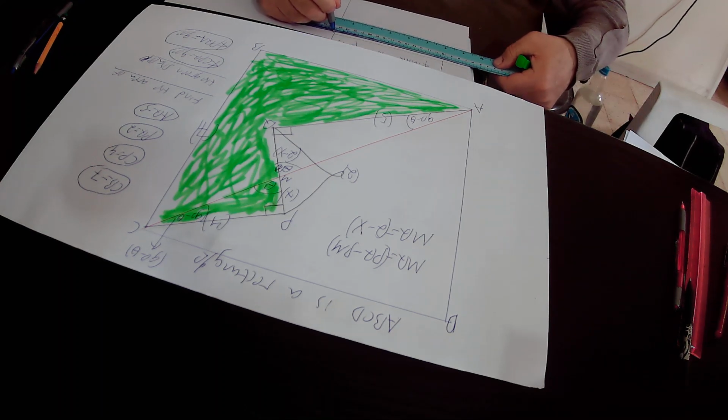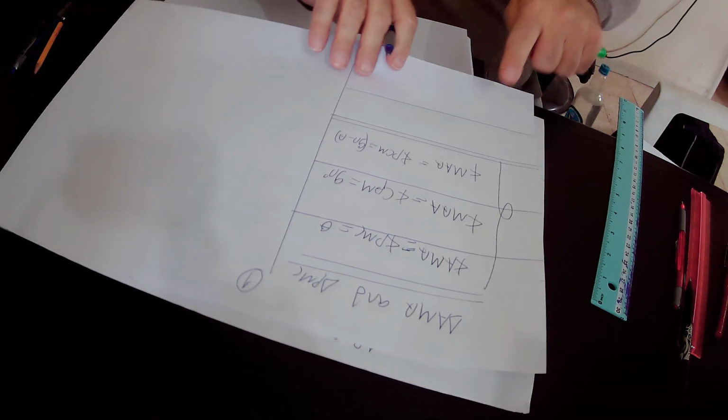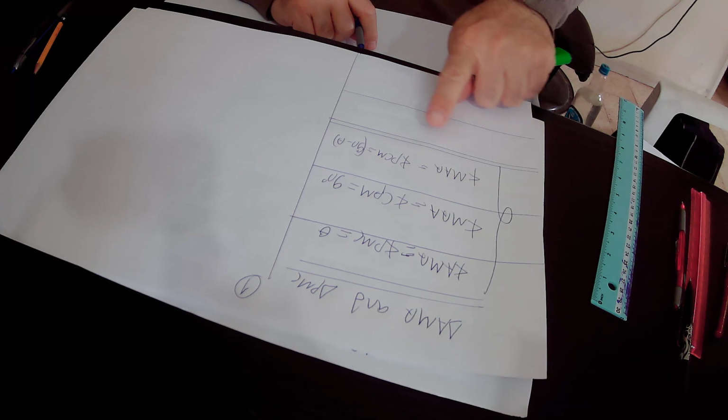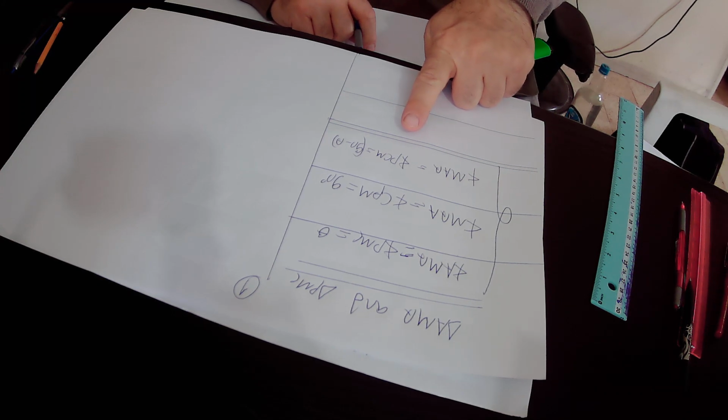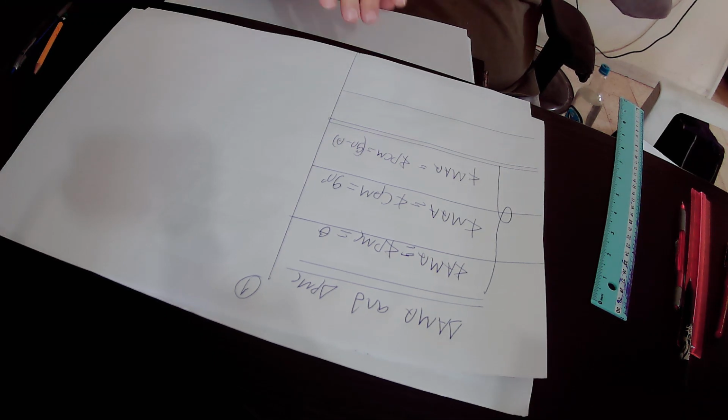So repeat again, angle MAQ in the right triangle AMQ equals angle PCM in the right green small triangle PMC. They are both equal to 90 degrees minus theta, therefore they are equal to each other.